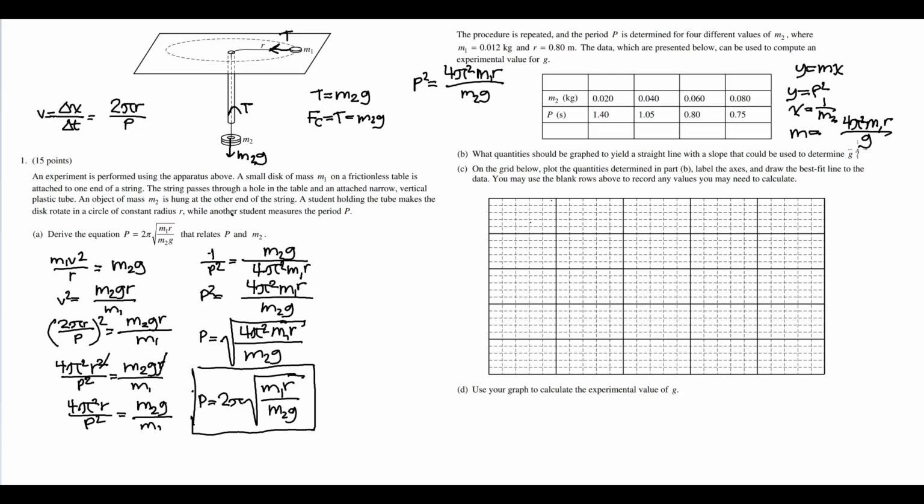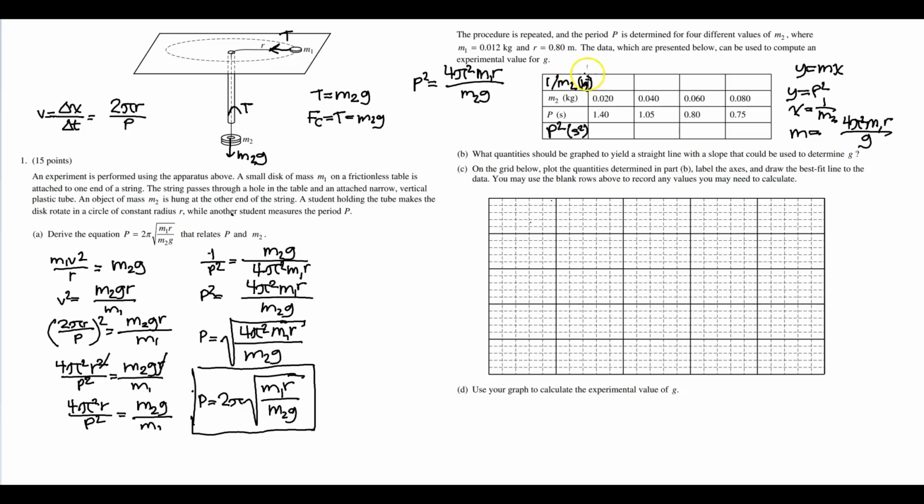Okay? So let's use these 2 columns to find 1 over M2, which will be our x, and P squared, which will be our y. So P squared in seconds squared, and 1 over M2 in kilograms to the minus 1. 1 over M2, that's 1 over 0.020.